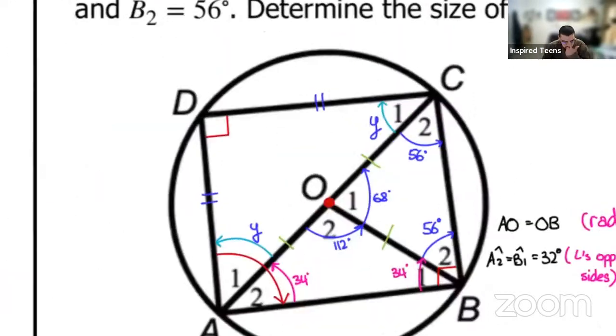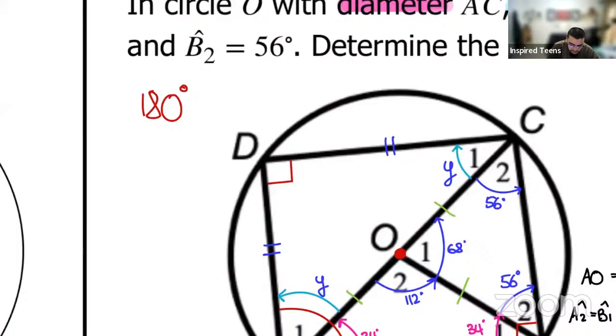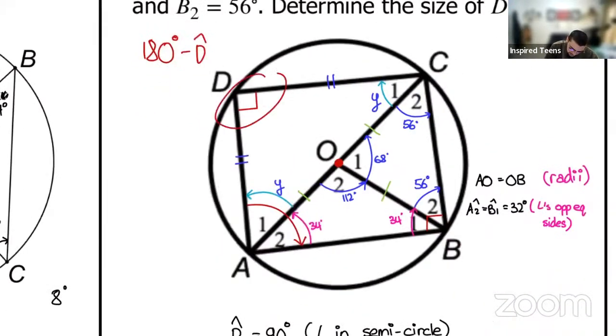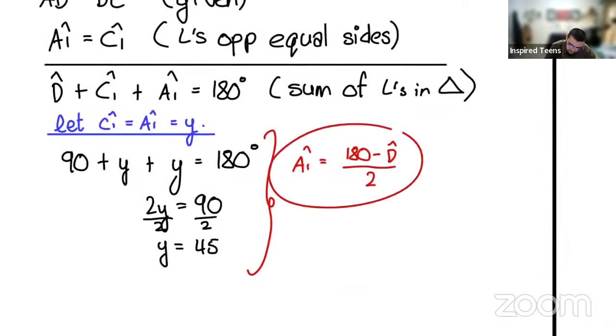Because when you subtract D, I get 180 degrees minus D. If I subtract one angle, this is going to be equal to the sum of A1 plus C1. And A1 and C1 are equal. So when you get that value, A1 plus C1, you can simply divide it by 2. All of that you can represent by this, and that's perfectly fine. Your reason for that is going to be the same reason: sum of angles in a triangle.